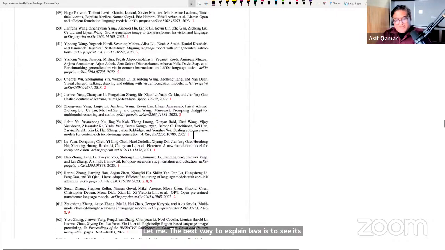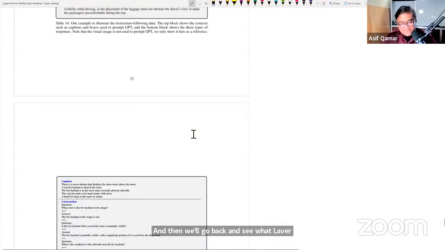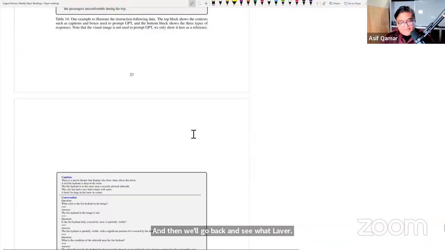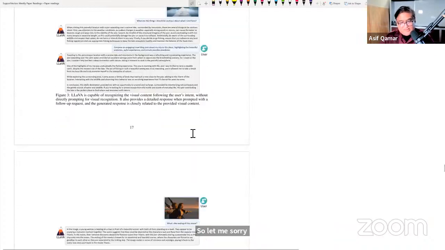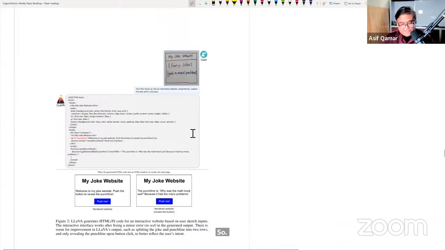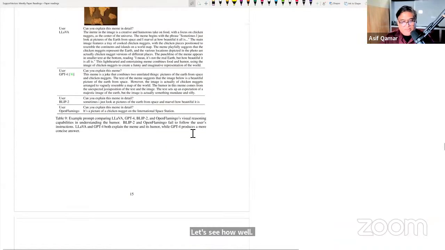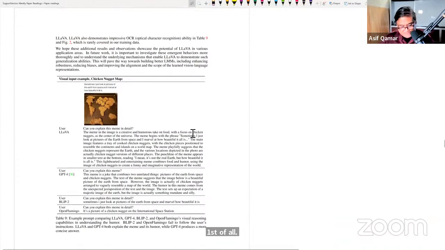And then we'll go back and see what LLaVA-3D achieves. Sorry for scrolling so fast. So let's see how well it does. First of all, observe how well it does here in this picture.